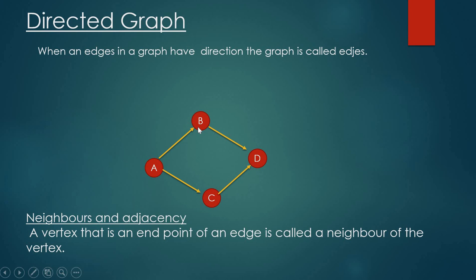So, this B is an adjacent vertex of A. And C is the adjacent vertex of A. So, B and C are the adjacent vertices of A. See, this D is the adjacent vertex of B. This is neighbor or adjacency.